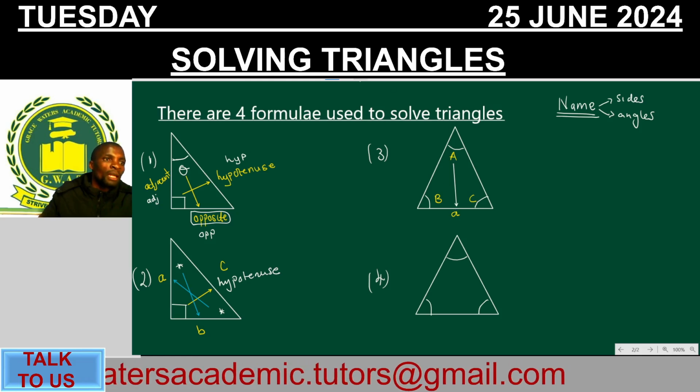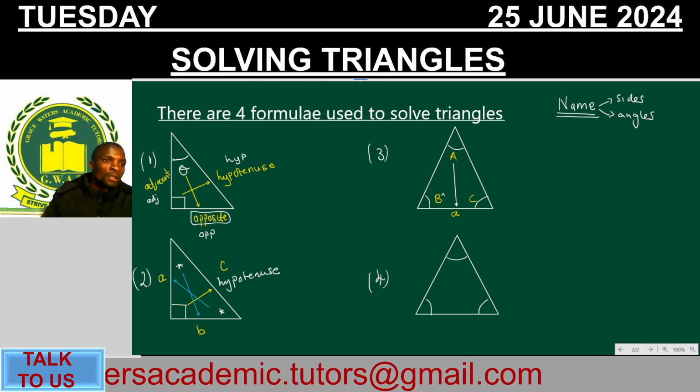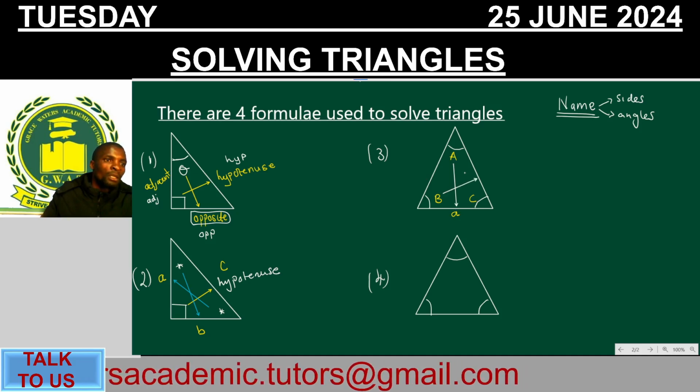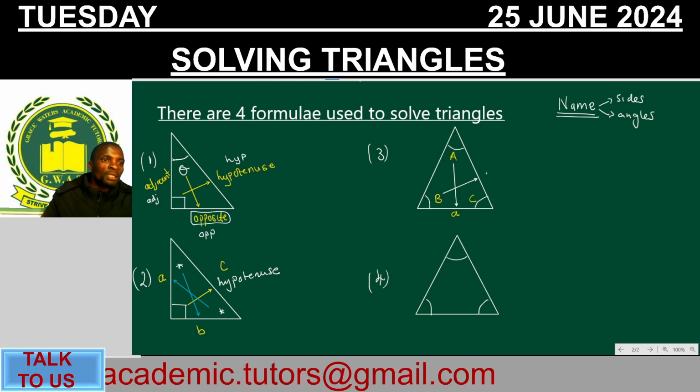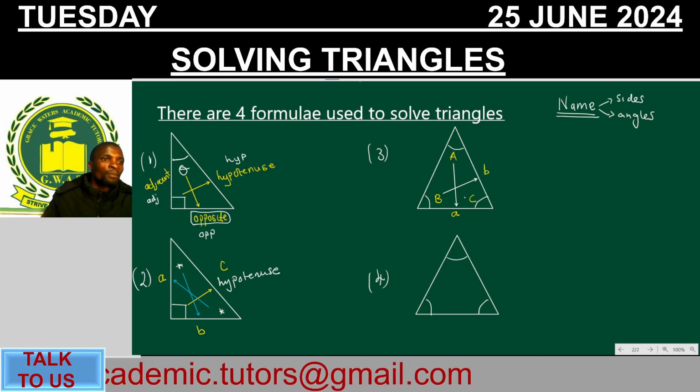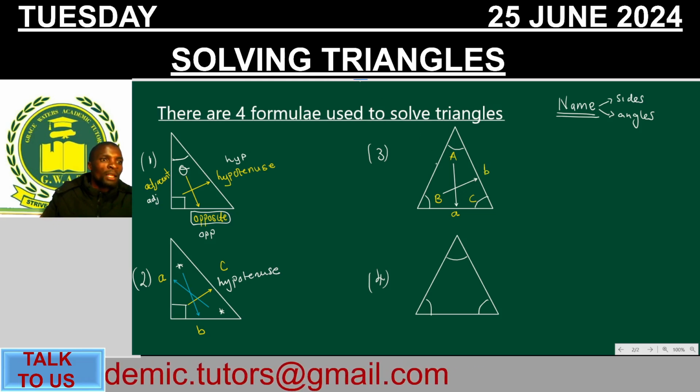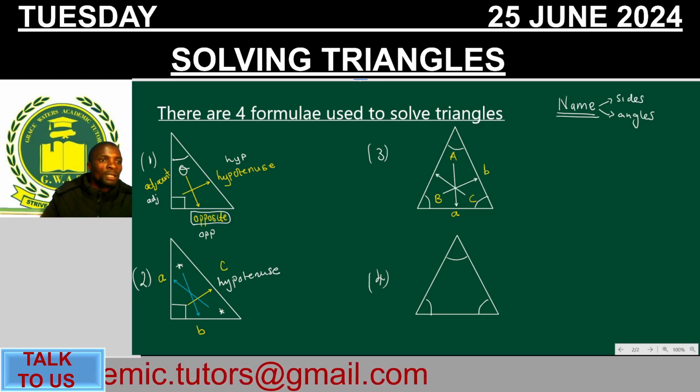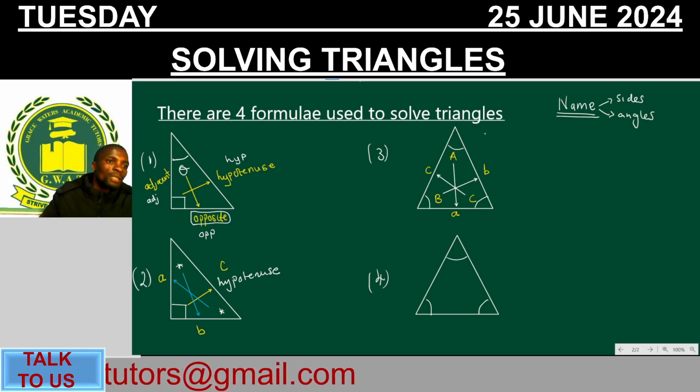And then we have angle B. Angle B is facing side small letter B. And in like manner, angle C is facing side with small letter C. So you'd find out that the angles are always capital letters.